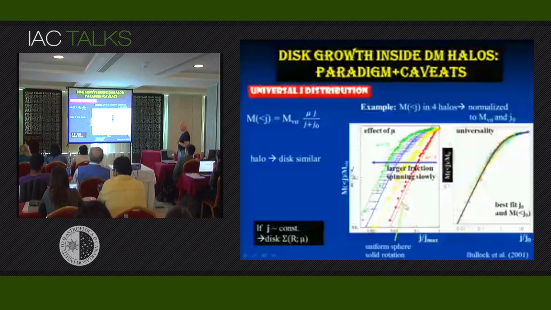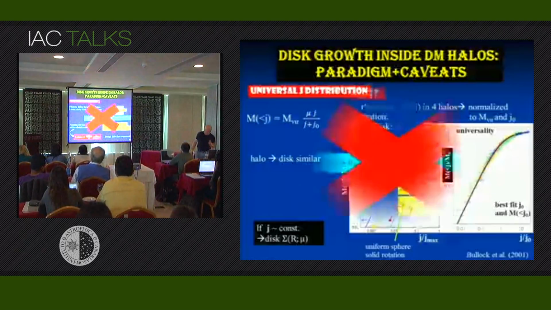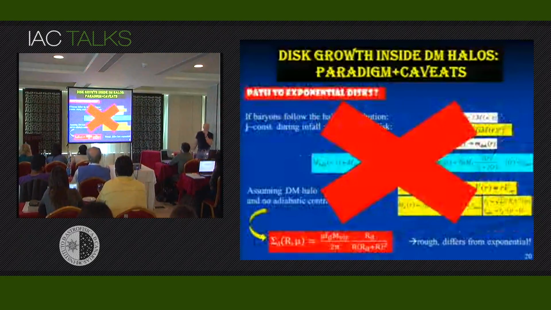Mu is decreasing from right to left. You see this dashed line? This is the uniform sphere which rotates as a solid body. So the difference is not so large. You can superpose these curves and get this universal angular momentum distribution.